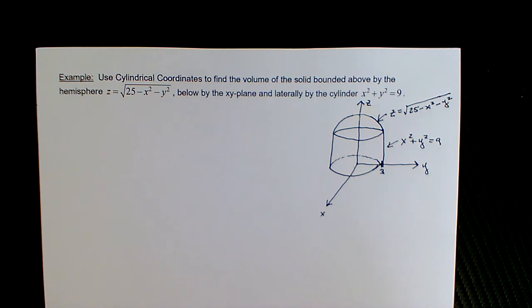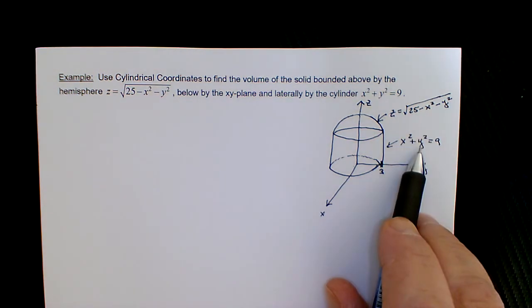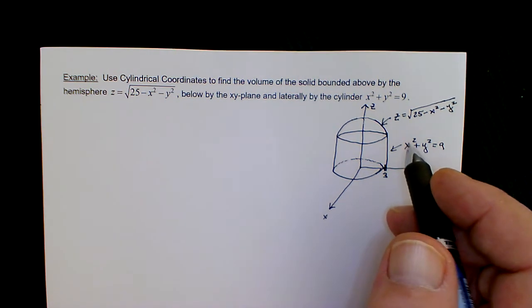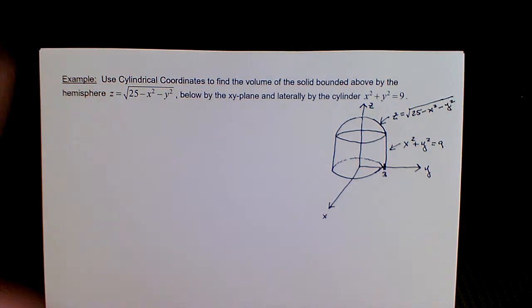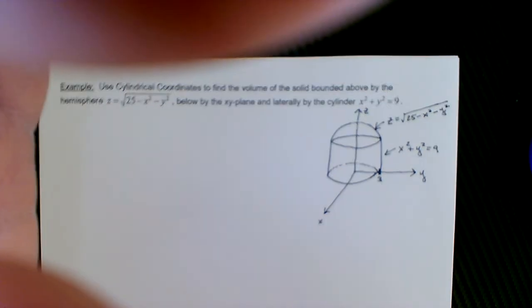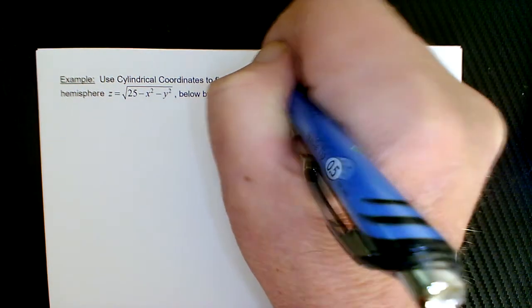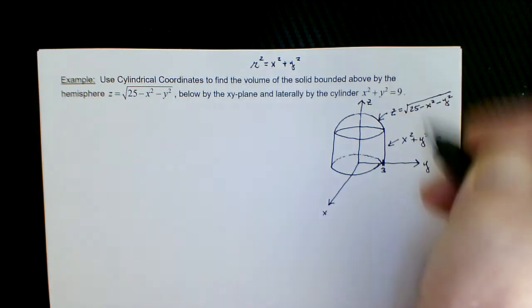So I guess the first thing we'll have to do is get the two equations in terms of cylindrical coordinates. And remember that one of the formulas that's often used to convert these equations into cylindrical coordinates is the famous r squared equals x squared plus y squared.